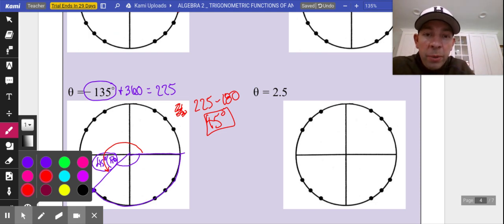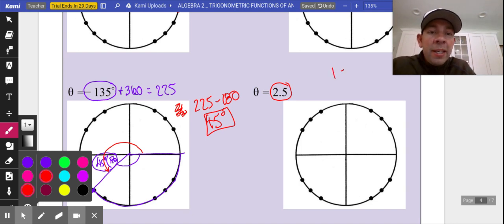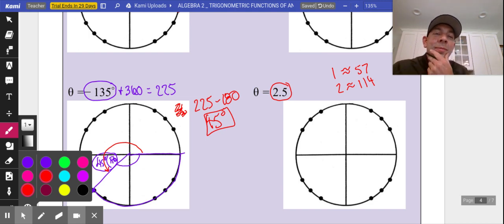Now, here's a really, really weird one. This is going to be in radians. That's 2.5 radians. It does not include the pi. Now, if you remember from an earlier video, we talked about 1 radian being about 57 degrees, or 60, depending on how accurate you want to be. So 2 radians is going to be about double that, so about 114. 2.5 is going to put you in the 140-ish ballpark.